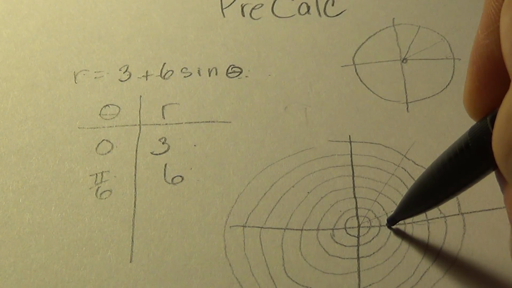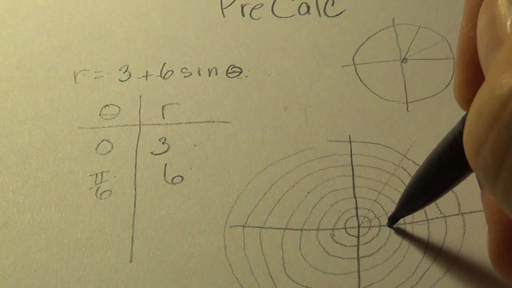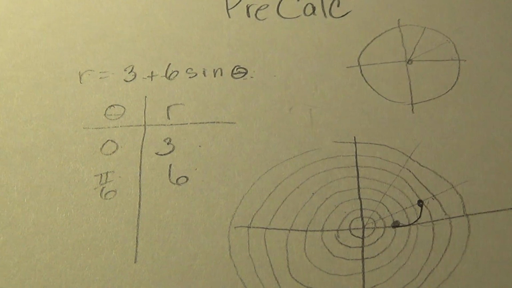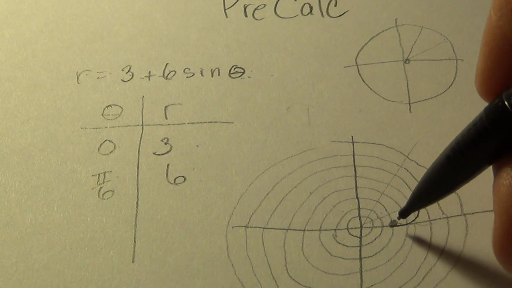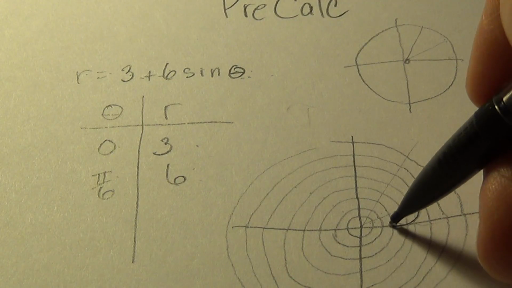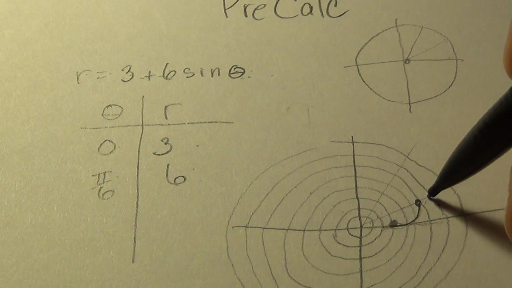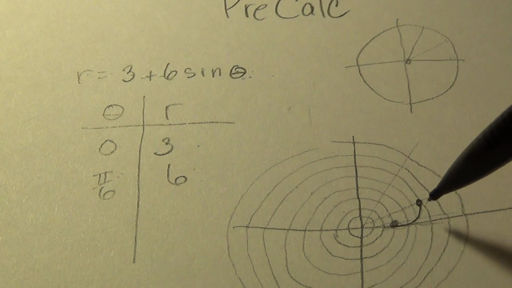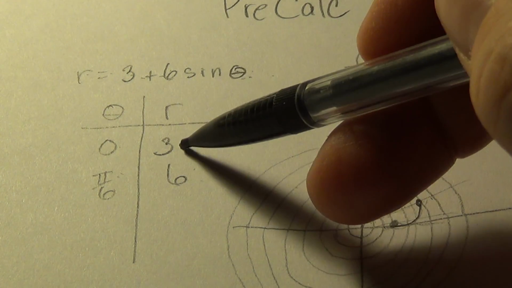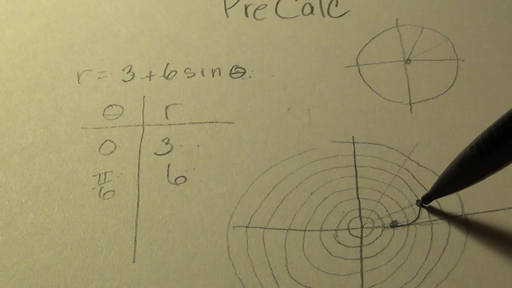So I'm going to start here and go like that. It's not a straight line, it's always curved. Notice it stayed in between the 0 and pi over 6 area, and it went from the value 3 to 6, like that.